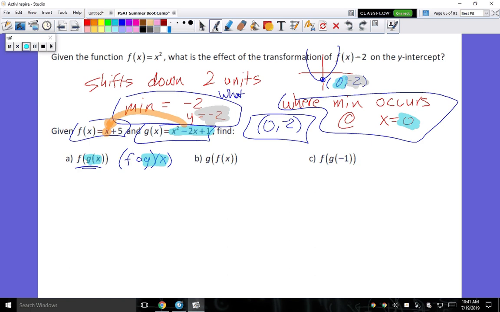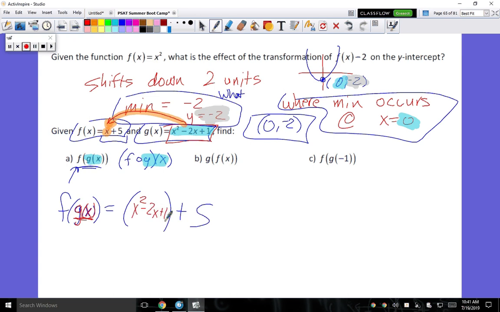Okay, so think of, since f is the most outer shell, this is going to be your most outer function. And g of x, otherwise the answer to g of x is all of this, would be placed as the input of the other one. And it would simplify to this.